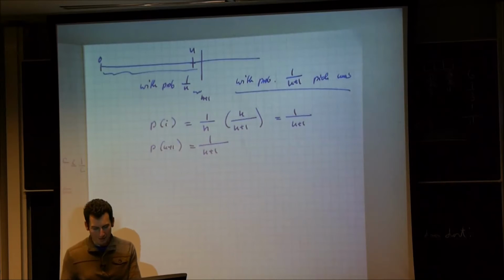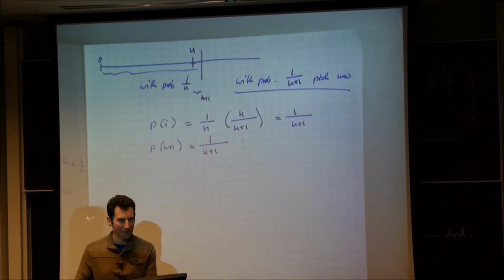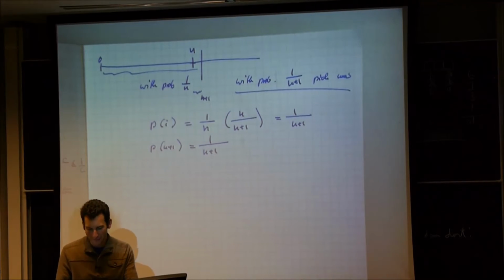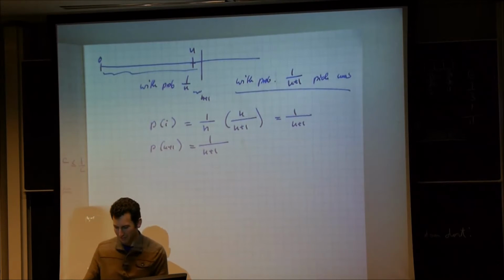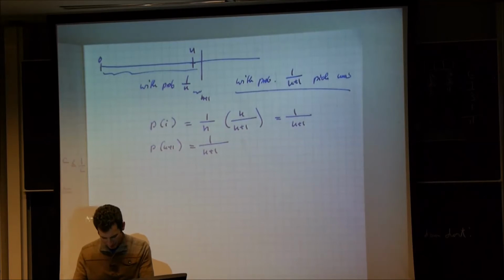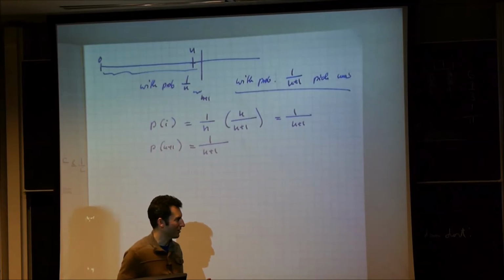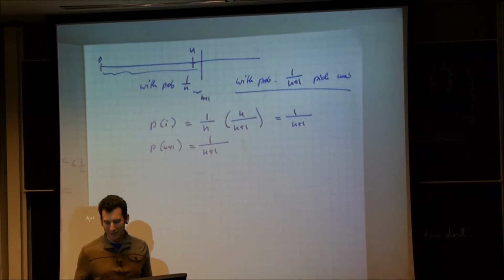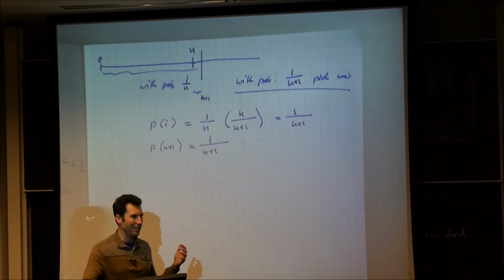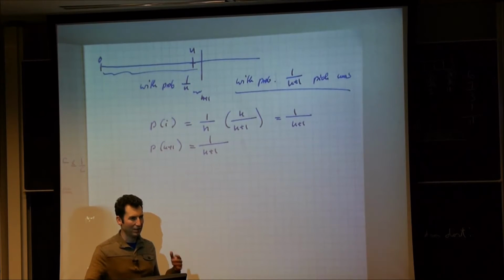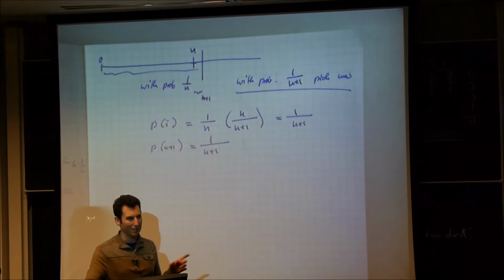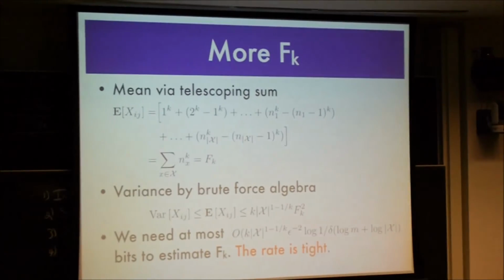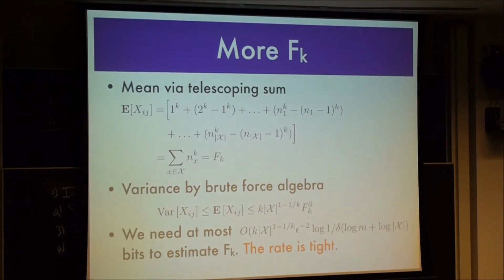Okay. Anyway, so now let's look at what happens in terms of this, f_k, because we need to figure out that we're actually computing the right thing. And here's where the n_i to the k minus (n_i minus 1) to the k comes in, because now things telescope.